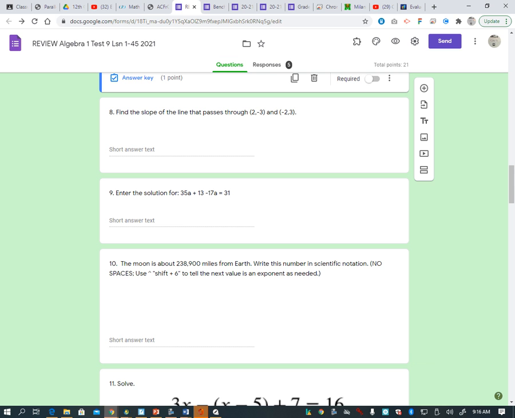8, find the slope of the line that passes through (2, -3) and (-2, 3). Is this one we need to see? Okay, how do I find the slope given two coordinates? What's the formula? Okay.